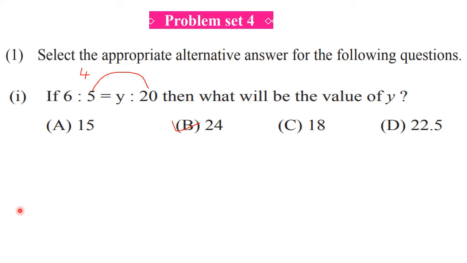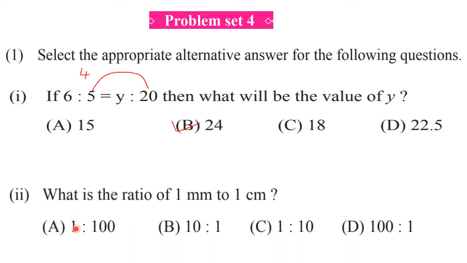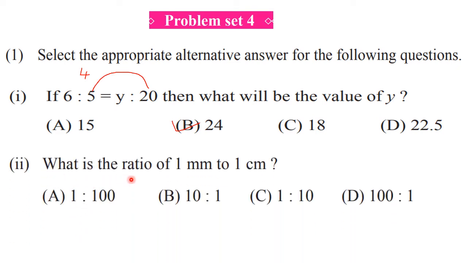Now let's go towards the second question. What is the ratio of 1 mm, that is millimeter, to 1 cm, that is centimeter? So here in this case what we can observe is the units of these two quantities are not the same. Here the unit is mm and here it is cm or centimeters.